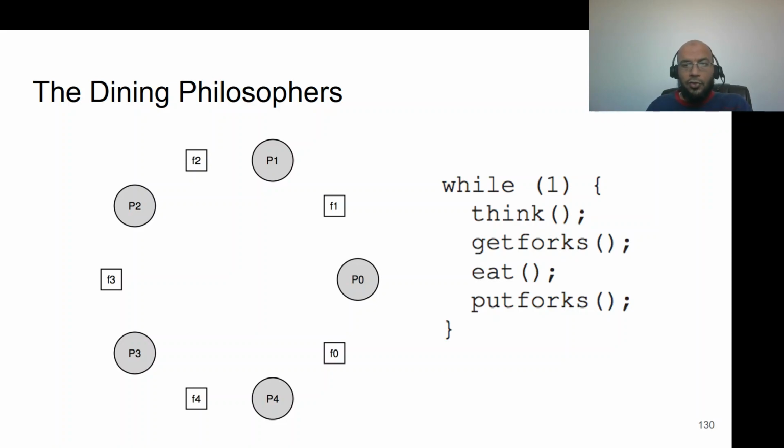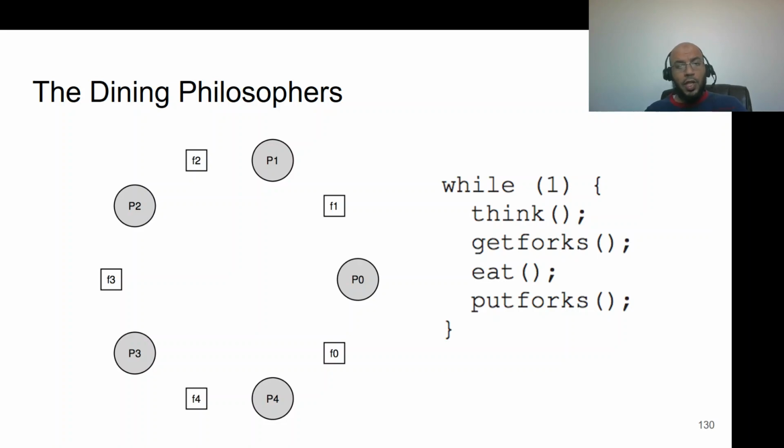When you call get forks, suppose that each philosopher picks the right fork first, or the fork on his left hand first, and then picks the other one. So P0 will pick fork 1, P1 will pick fork 2, P2 will pick fork 3, P3 will pick fork 4, and P4 will pick fork 0.